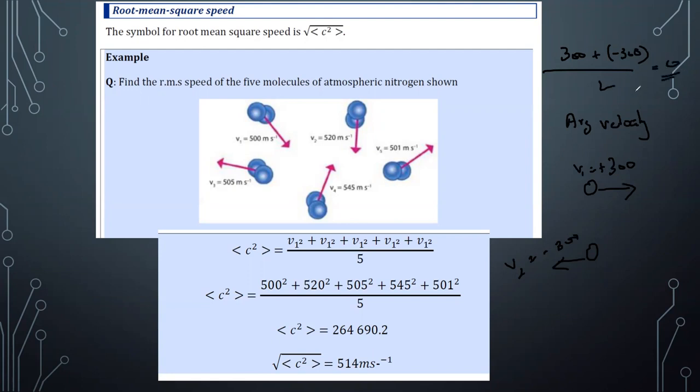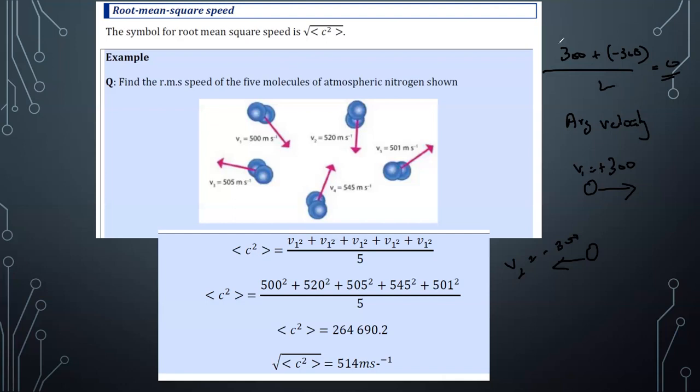So when we take an average velocity, we cannot get the correct answer, because if we get an average velocity of 0, it means it should be 0 Kelvin. But it is not 0 Kelvin. The particles are moving. So to overcome this constraint, we normally calculate root mean square speed.